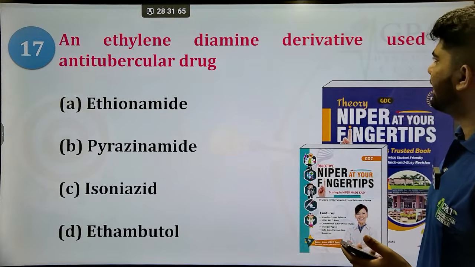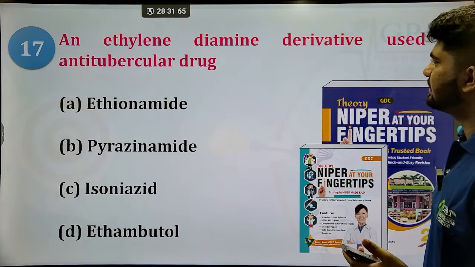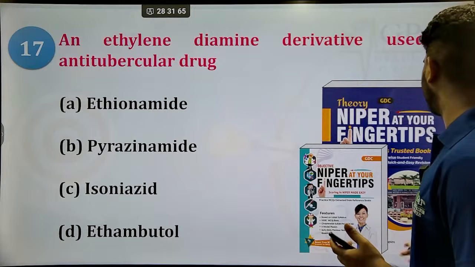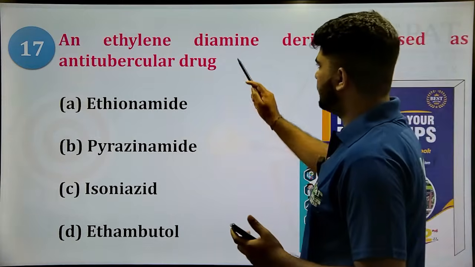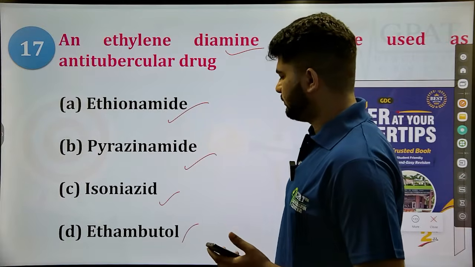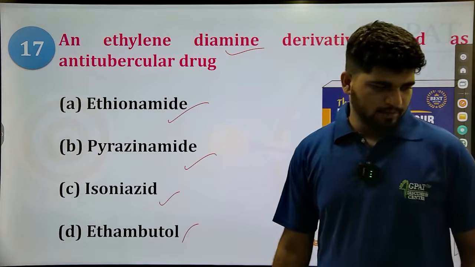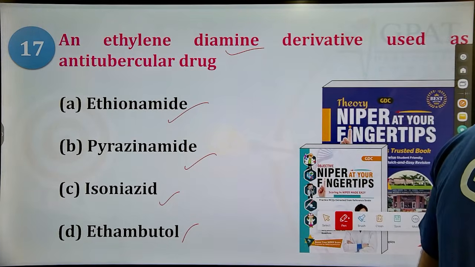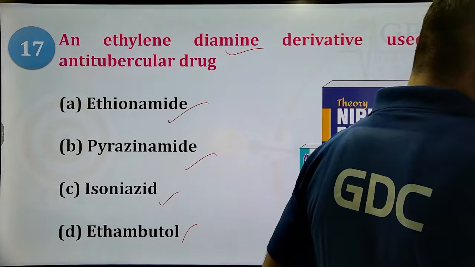An ethylene diamine derivative used as an anti-tubercular drug. Ethionamide, pyrazinamide, isoniazid, or ethambutol. What's the correct answer over here? Anyone? Ethylene diamine derivative?